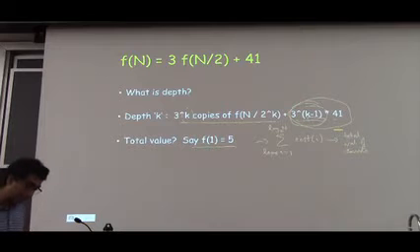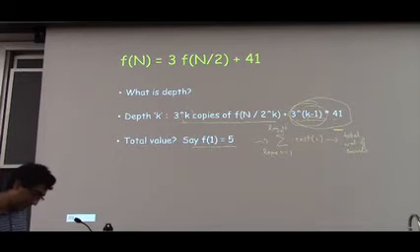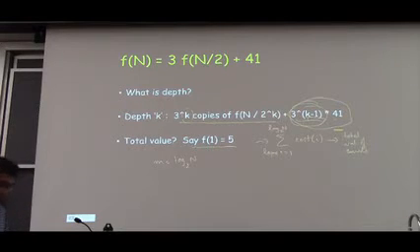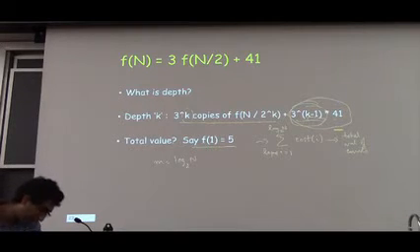So we can now do this summation. For simplicity, let's write m to be log n to the base 2. So in the mth layer you have f of 1 times 3 to the m.